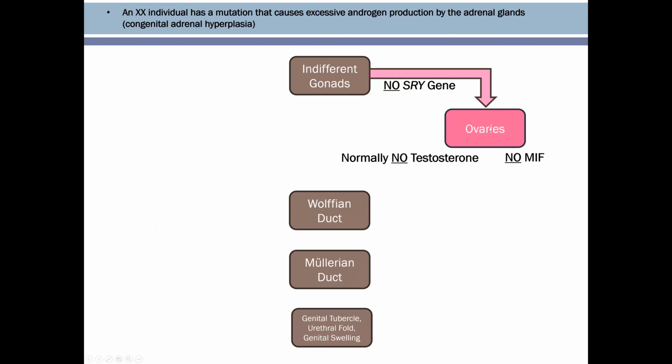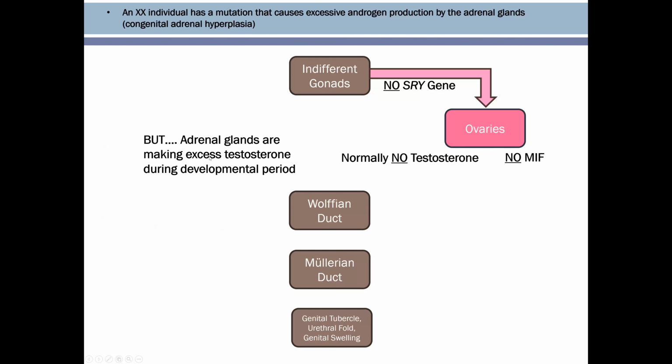The ovaries typically do not make any testosterone, and they make no Mullerian inhibiting factor. But in this particular case, the adrenal glands are making excess testosterone, which is the primary androgen, during the developmental period.